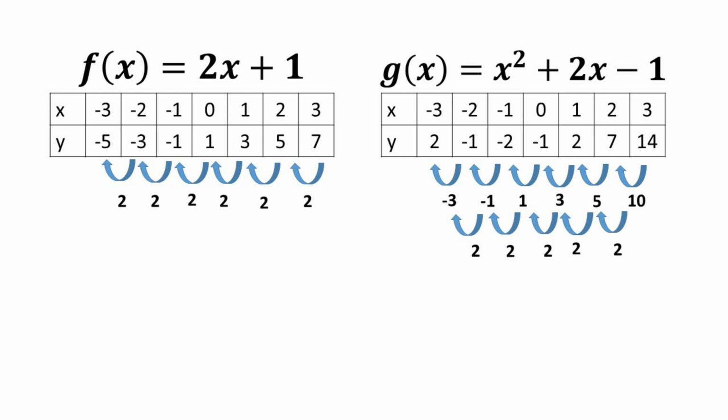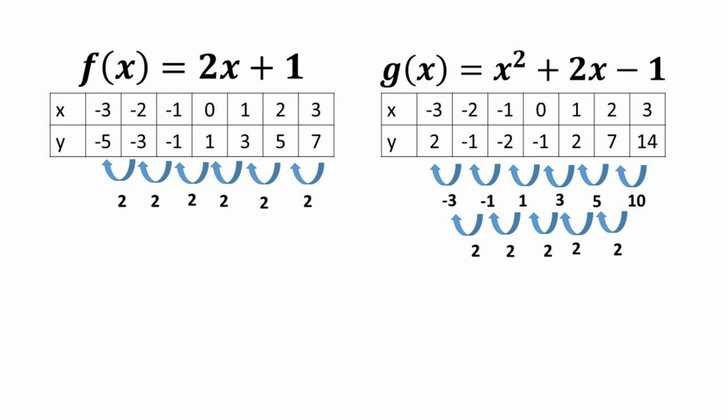Moving further, if we are given a table of values for us to identify if it is a quadratic function or not, if the second differences of a given table of values are equal, then we could say that the given function is a quadratic function.